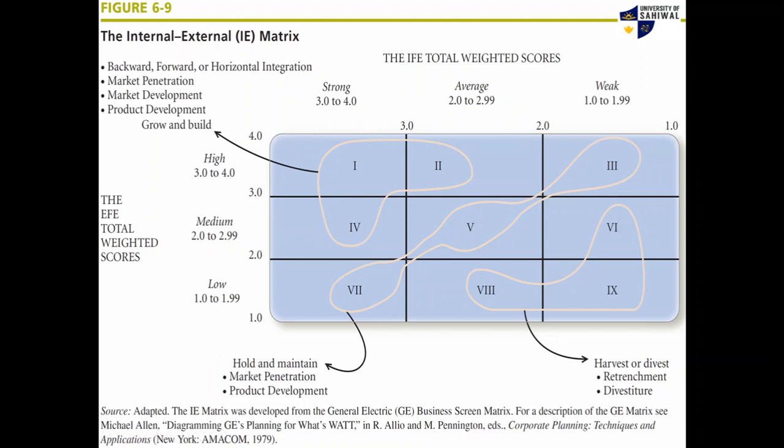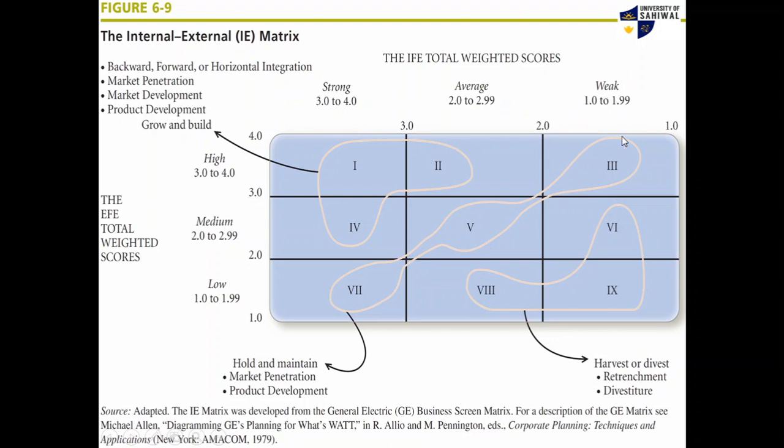The point to understand is that we need to position our divisions or SBUs, strategic business units or businesses, into 9 cells, and these cells are numbered from 1 to 9, as you can see. The total external factor evaluation weighted score is rated from low to high, and similarly the total internal factor evaluation weighted score is also arranged from low to high.